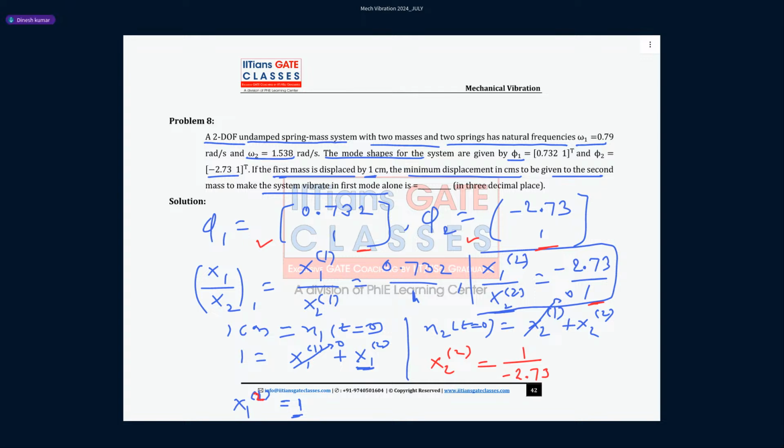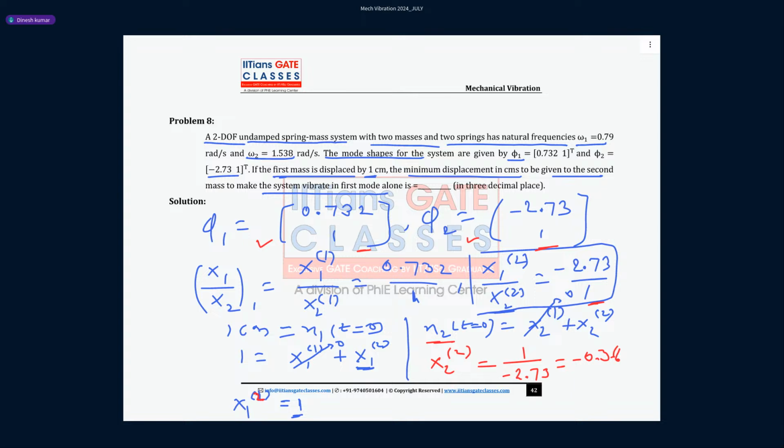Everyone, please check. Okay, correct. So what is x2 for second mode? We got minus 0.366. Okay, now guys, we know what is x2.